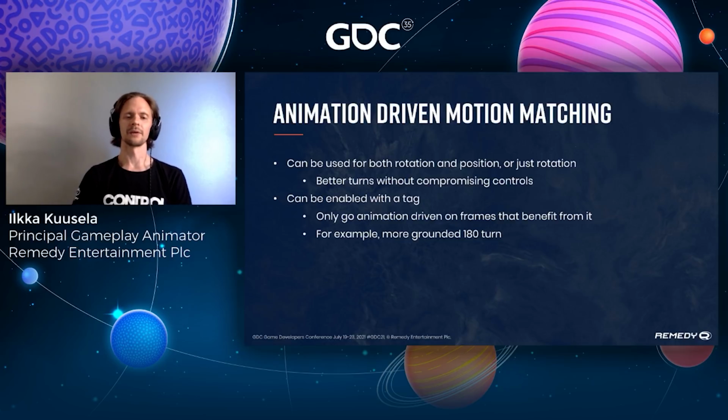And we are able to specify with animation tags on which frames we want to be animation-driven. So for example, if we want to make a 180-degree turn feel more grounded, we can make part of that turn animation-driven to make it grounded and have a bit of control over the timing in the animation, but leave the rest of it still code-driven.